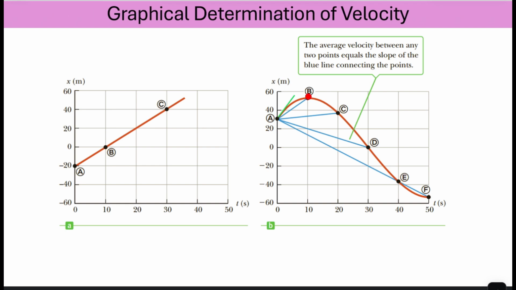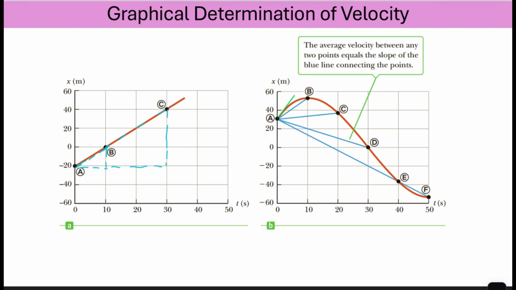So it is different. From A to B, A to C, A to D, A to E, or A to F, there are different values of average velocity. How about this one? From A to B, we are going to have only one value of slope. From A to C, also the same value of slope.